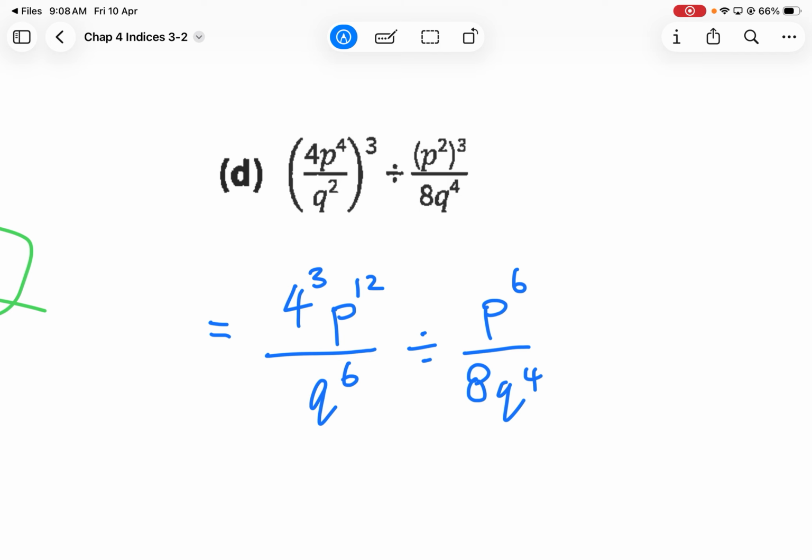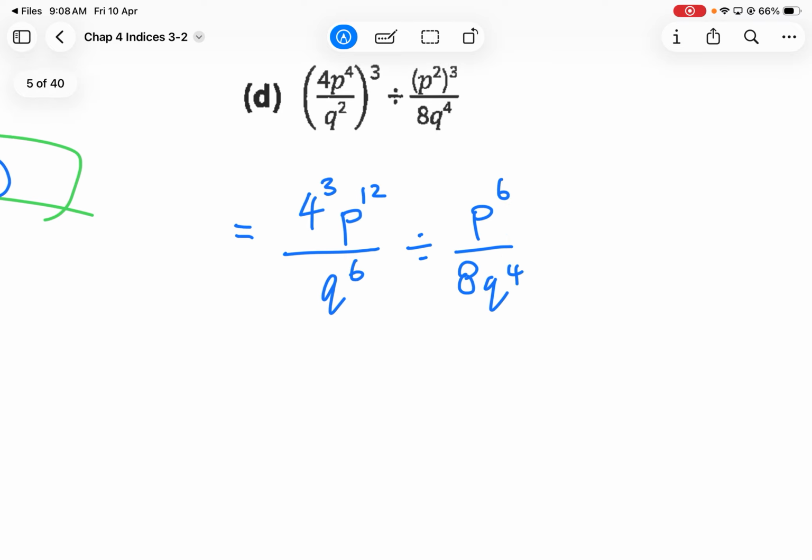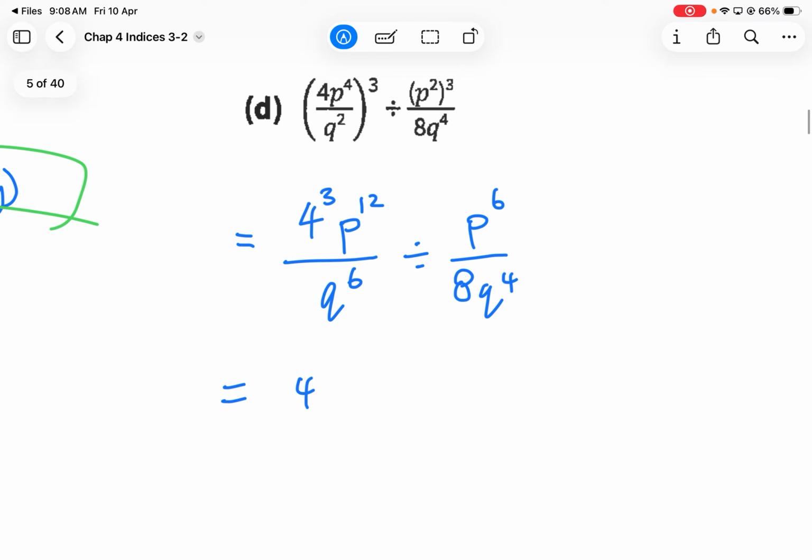Okay. Then when we have division or fraction, I will always change it to multiplication. When I change to multiplication, this fraction at the back I need to flip. Denominator goes to numerator, numerator goes to denominator.